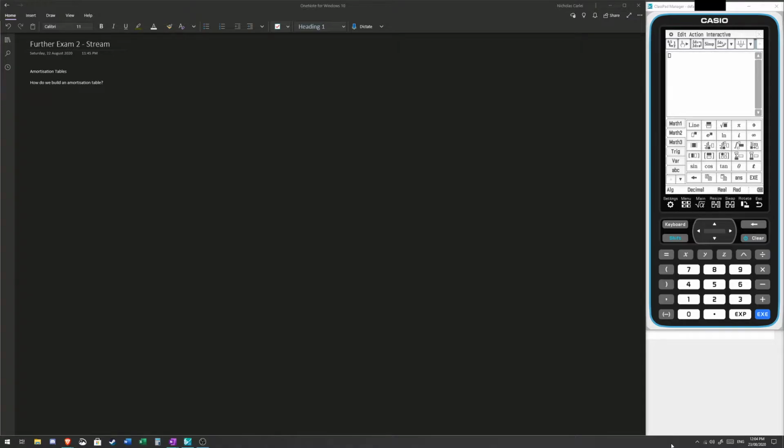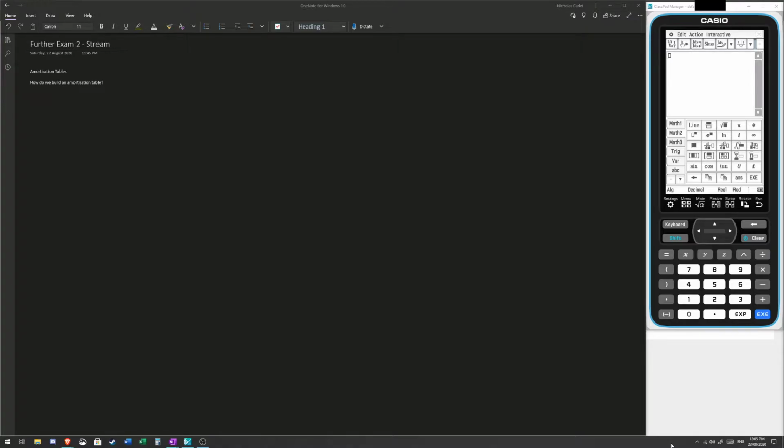I'd like to go into amortization, how we build amortization tables, how we can read them, and some calculator work, because in further you can use a calculator on all the exams. We can also talk about what we should have in our bound books.